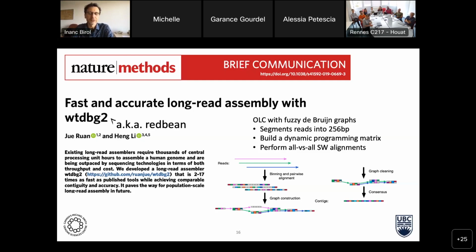It is based on an overlap layout consensus approach with fuzzy de Bruijn graphs, where they segment reads into 256 base pair tiles, and then they build a dynamic programming matrix to perform all versus all Smith-Waterman alignments to build some graph, and then they process that graph to build their consensus assembly.